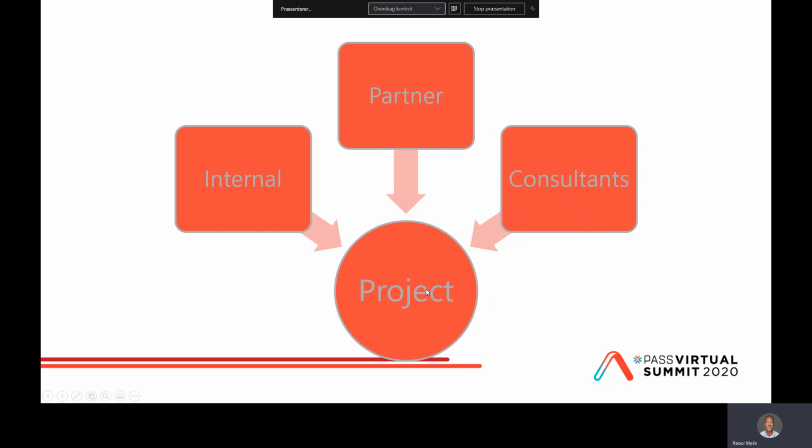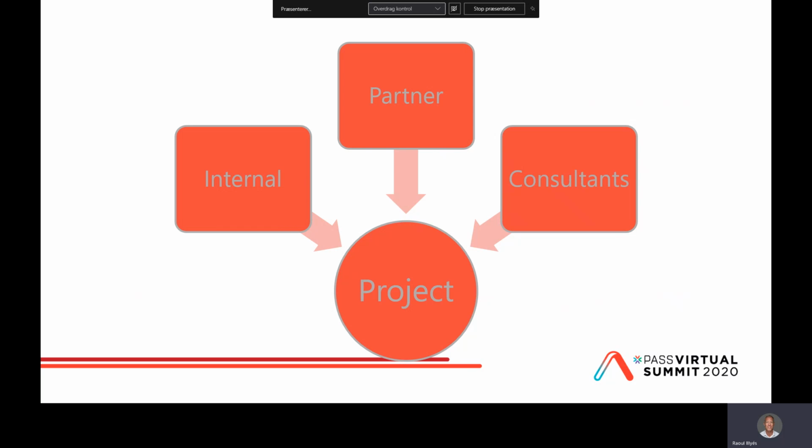And finally, we also need to define who is going to be part of this project. And this is again an example of what we typically see when we talk to our clients, and this could also be very typical for you. Maybe it's only going to be internal resources doing the project itself and working with the project manager. It could also be that you're working with a partner, and in my experience, as I said before, you might be using an outsourcing partner.